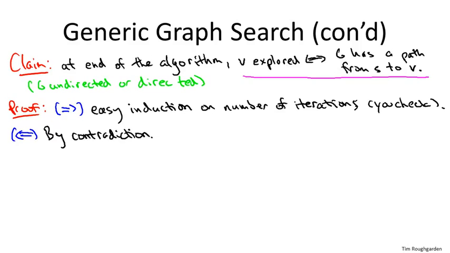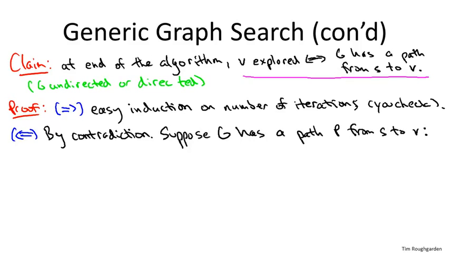We're going to assume that the statement that we want to prove is not true, which means that it's possible that G has a path from S to V, and yet somehow our algorithm misses it, doesn't mark it as explored. That's the thing we're really hoping doesn't happen. So let's suppose it does happen and then derive a contradiction. So suppose G does have a path from S to some vertex V, call the path P. I'm going to draw the picture for an undirected graph, but the situation would be the same in the directed case.